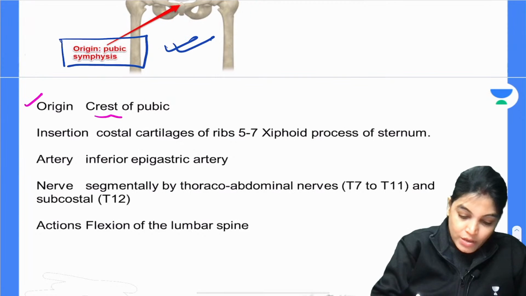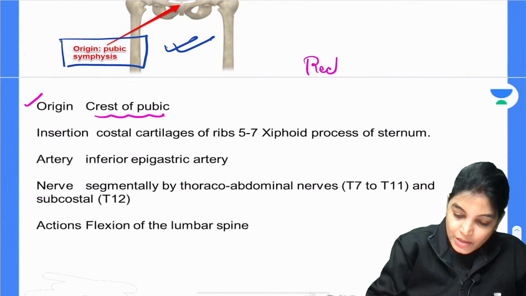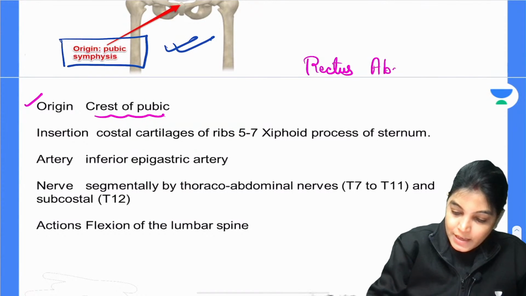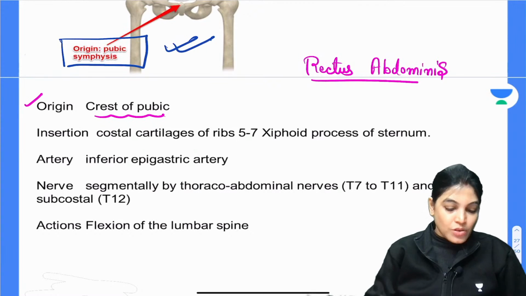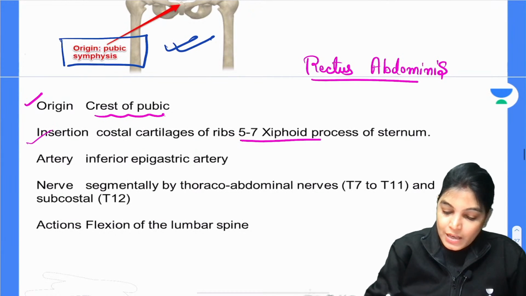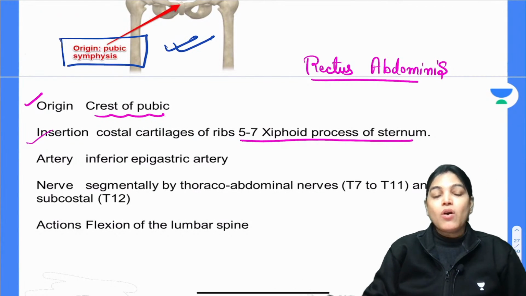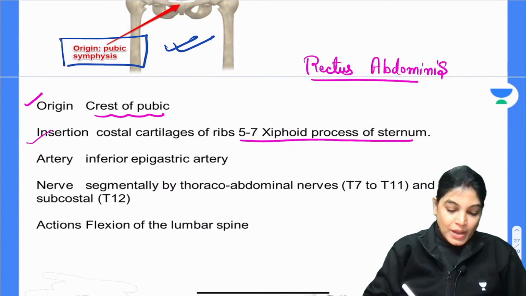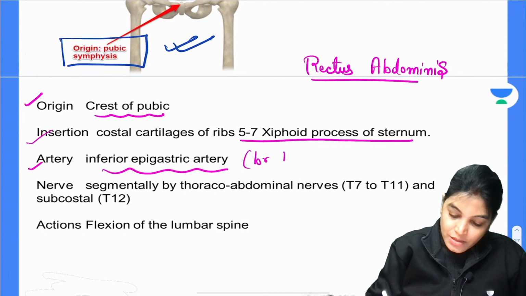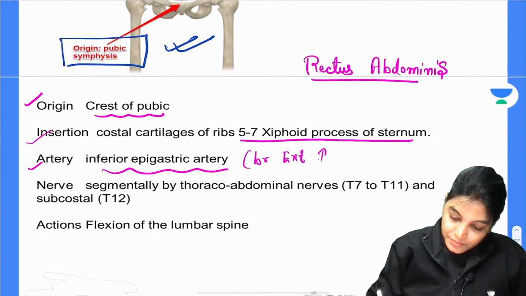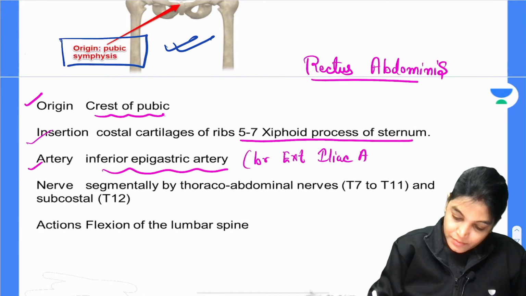Rectus abdominis muscle origin is from the crest of pubis, inserting into the costal slips of 5th, 6th, 7th costal cartilage and also xiphoid process. Arterial supply is the inferior epigastric artery, which is a branch of the external iliac artery.